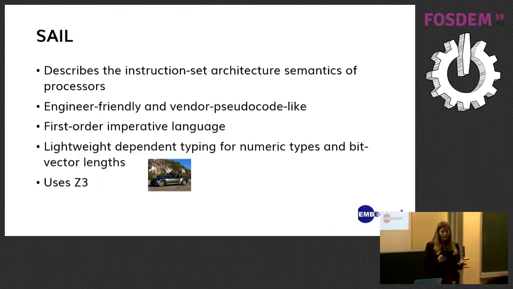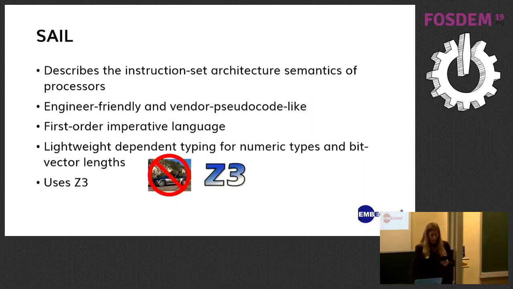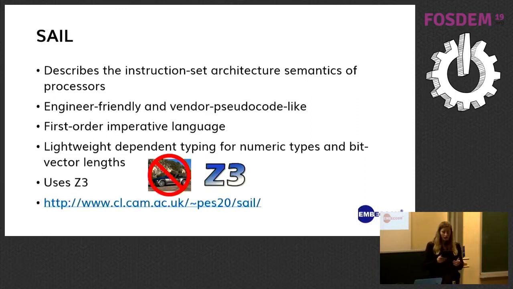But SAIL also has lightweight dependent typing for numeric types and bit vector lengths, which are array data structures that compactly store bits. These are automatically checked using Z3. The prover, not the BMW. It has been used for several papers available from the University of Cambridge SAIL website.